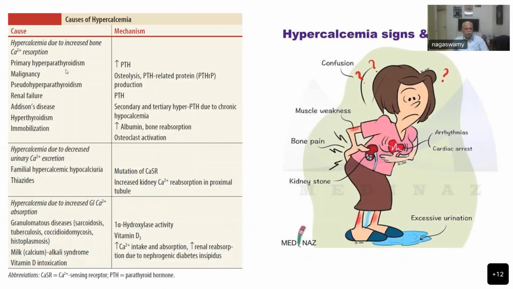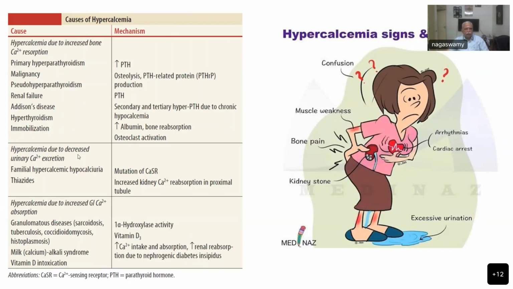It can be primary hyperparathyroidism, malignancy, pseudo-hyperparathyroidism, renal failure, Addison's disease, hyperthyroidism, and immobilization. All these things lead to increase in bone calcium resorption, and the mechanism is by increased parathormone, osteolysis, and bone resorption, all these things.